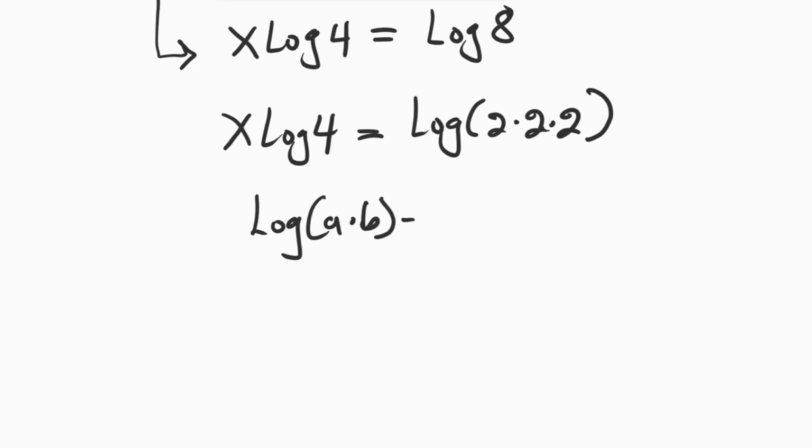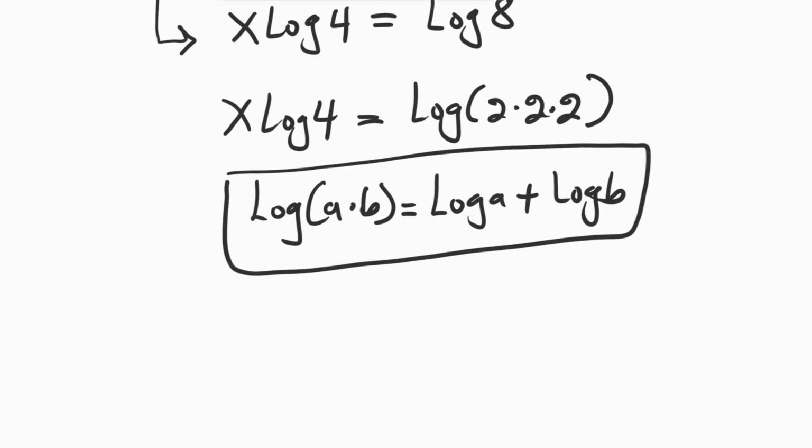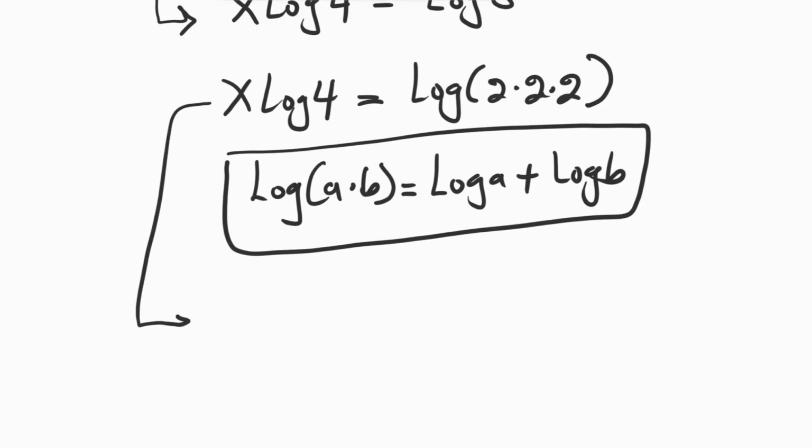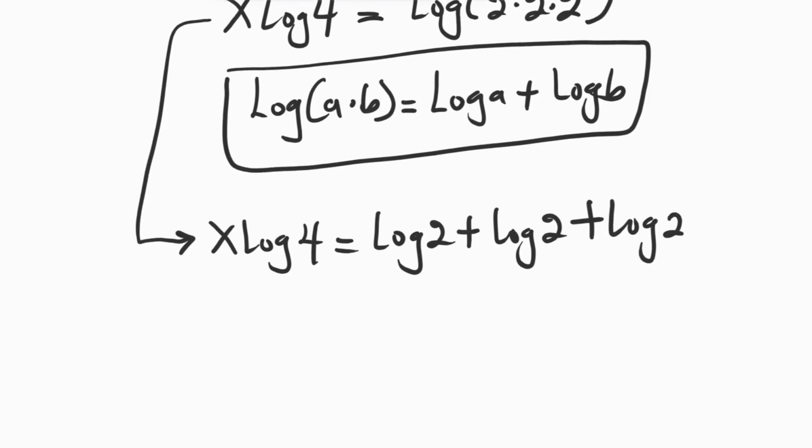Now log rule states that when we have log of a times b, it is the same as log of a plus log b. This we're going to apply to the right hand side of this equation. So we have x log 4 equals log 2 plus log 2 plus log 2.